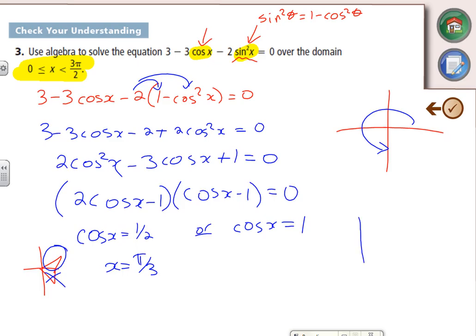And then we've got the one where cos is equal to 1. And that's here at 0. It would also be at 2 pi, but we're not allowed to go that far. So there's your two answers. That's it. Bring them together: x equals 0 and pi over 3.